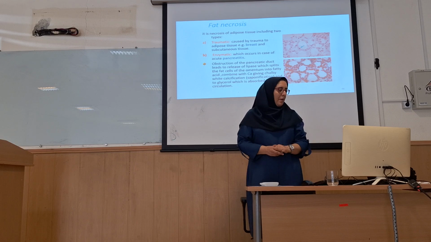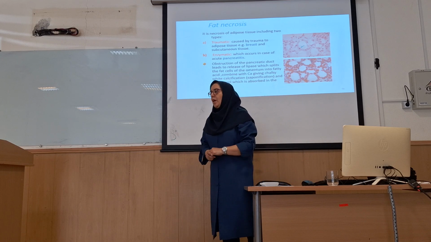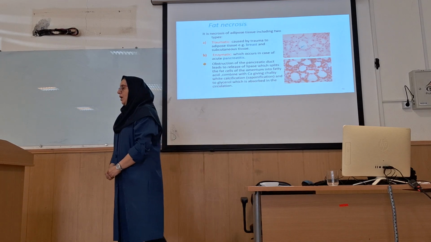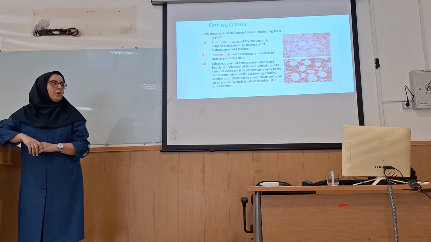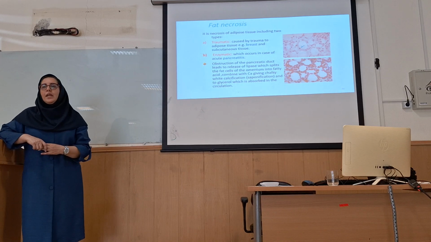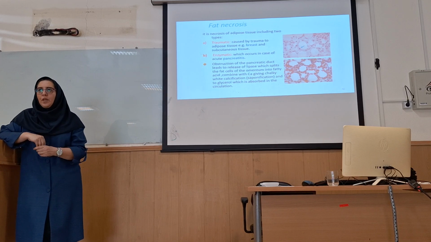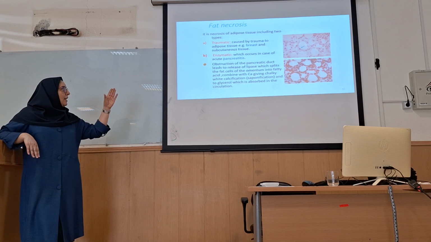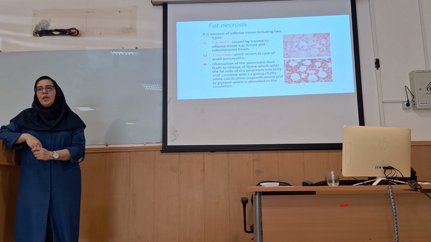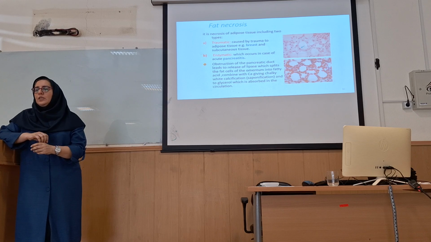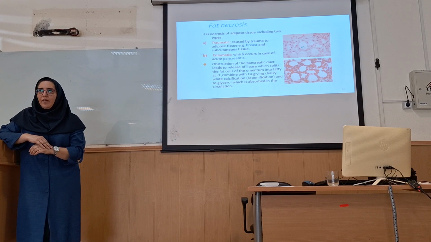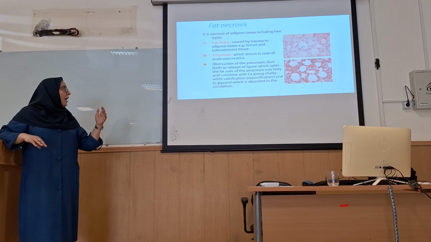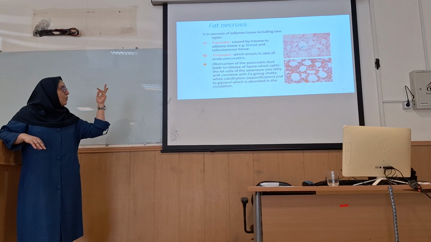So we have fat necrosis. Fat necrosis, as you know, is necrosis of fatty tissue. We have two types of fat necrosis, traumatic and enzymatic. For example, trauma to fatty tissue in the subcutaneous fat, in the breast, after surgery, after trauma.